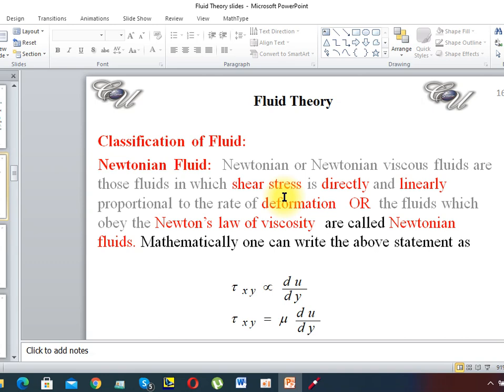Due to this, we have divided these stresses into normal stresses and shear stresses.